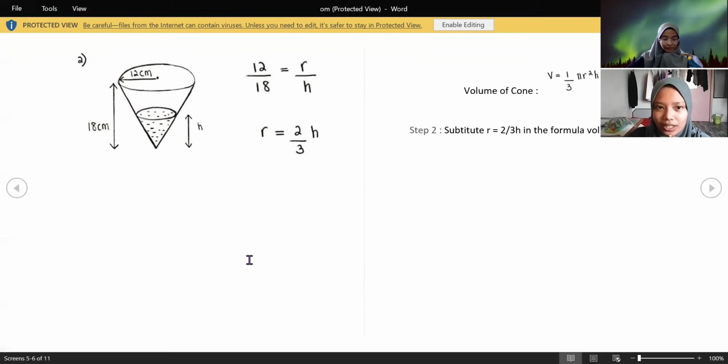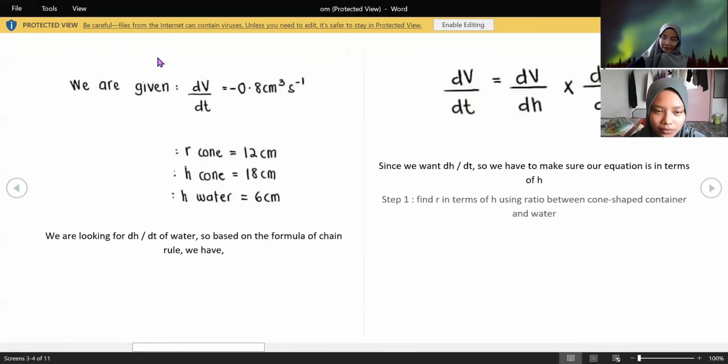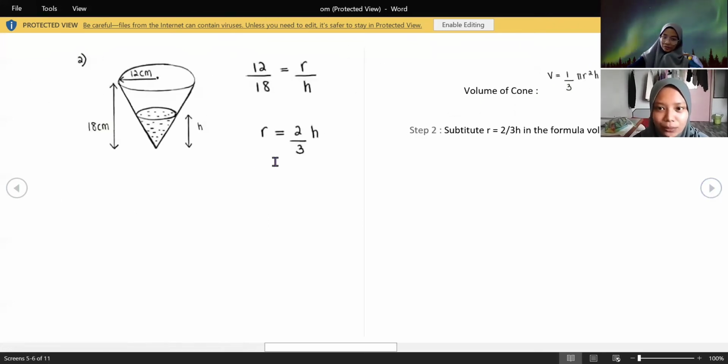So what do you think? We have to get dV per dr or dV per dH? Based on this equation, we need to have dV over dH. So to make sure we get dV per dH after differentiating, what do we have to do? Find r using ratio.